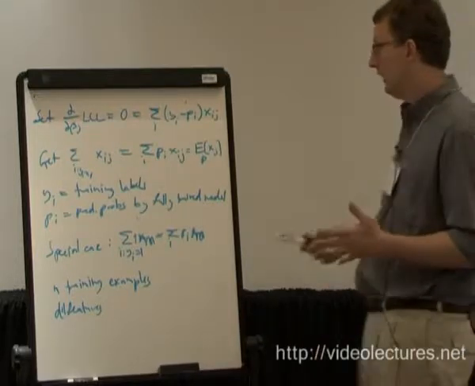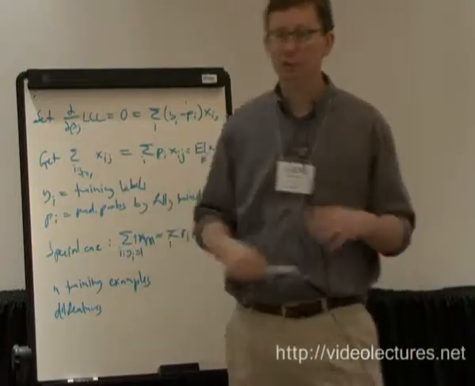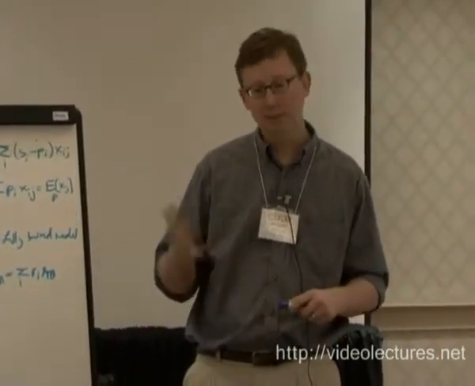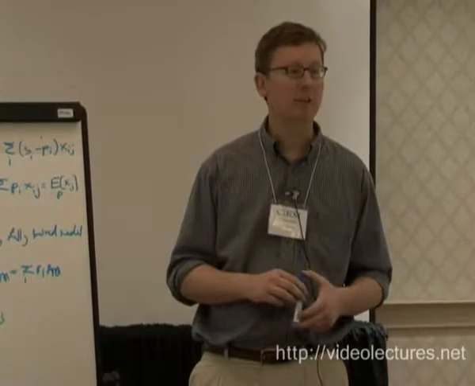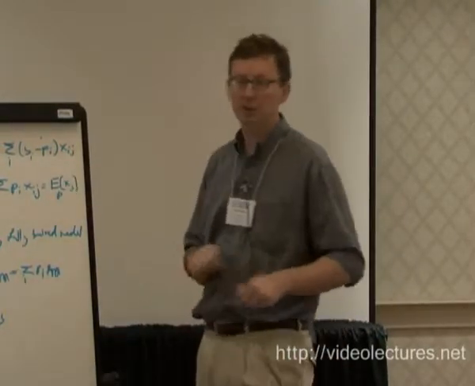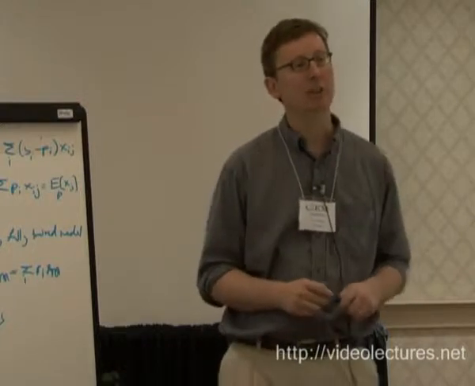But you can't actually do the training by solving these equations. I don't know any proposed training algorithm that actually solves these equations. What you can do is use these equations to check the result of any other training algorithm.